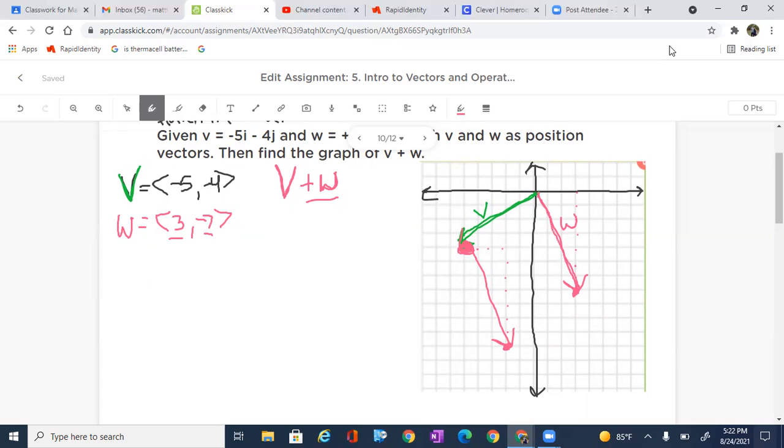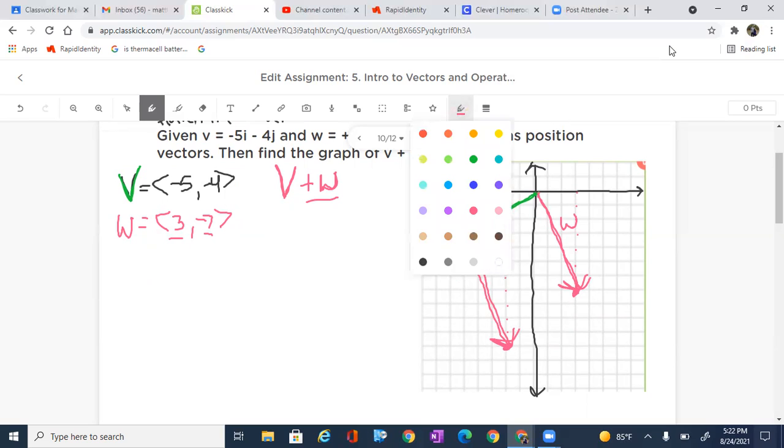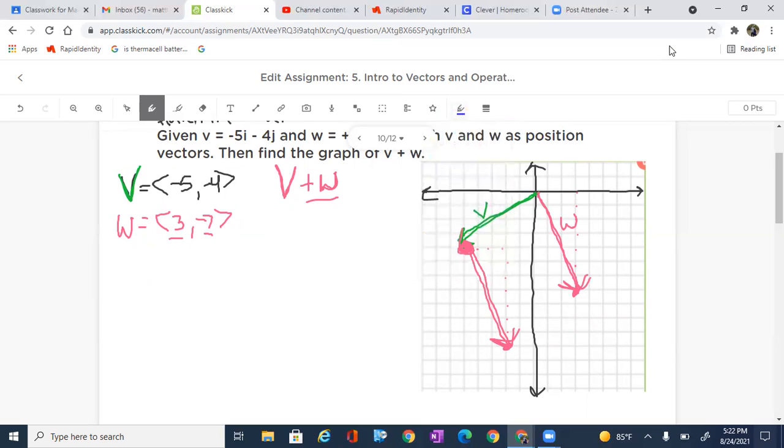w was positional. And now we just took those positions, those components, and moved them over to do v plus w. Okay. Now, when we add those two together, we know that the outcome is going to be from the original point of v all the way to the end of that second vector that we added together. Well, let's go ahead and look at that point right there.